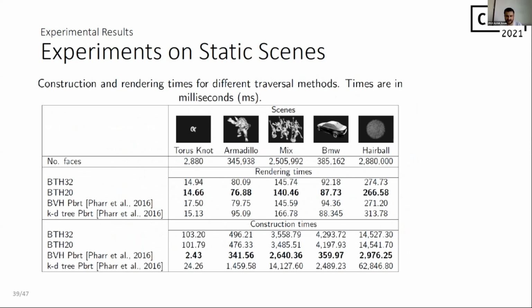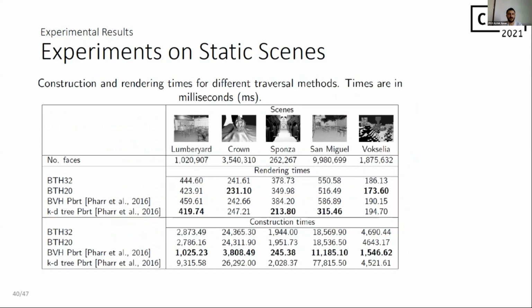And in the construction times, BVHs are much, much better. And here, as our scenes get larger, KD-tree gains an edge, but our structure is still competitive. And again, in the construction times, BVH is just extremely fast.